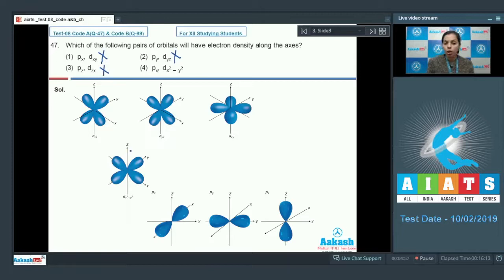That's why it's ruled out. Px, definitely density is along the x-axis. For dx square minus y square, yes, in this case also, electron density is along the axis. On that basis, it's the correct one. So I'm choosing option 4 as the correct option.